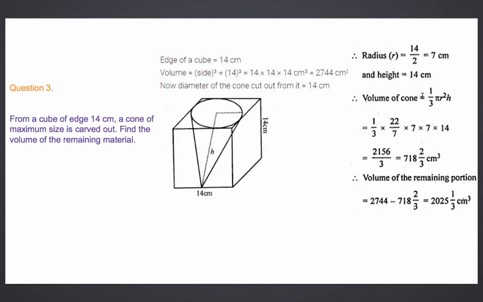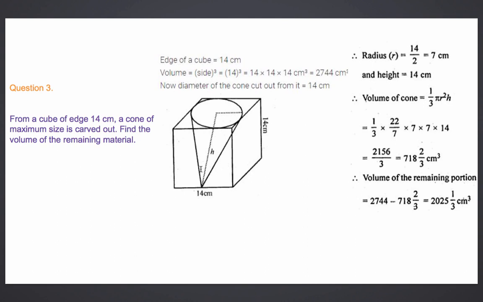What is the volume of cone formula? 1 by 3 pi r square h. So this is what it is. Radius we have calculated, 7. So 1 by 3 into 22 upon 7 into 7 into 7 into 14. 14 is the height of the cone, and the height of the cone will be the same as the height of the cube, because we can't carve out outside the cube.